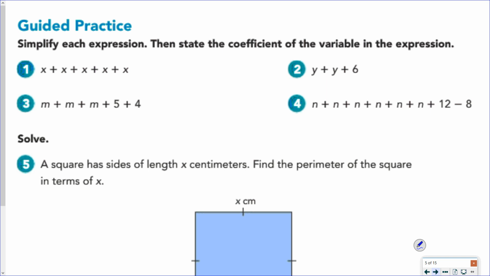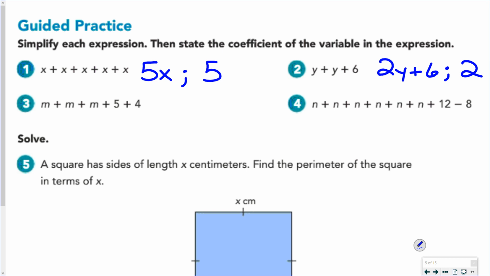Here we need to simplify the expression and then state the coefficient. For number 1, our simplified expression would be 5x with a coefficient of 5. Number 2, our simplified expression would be 2y plus 6, and we'd have a coefficient of 2.